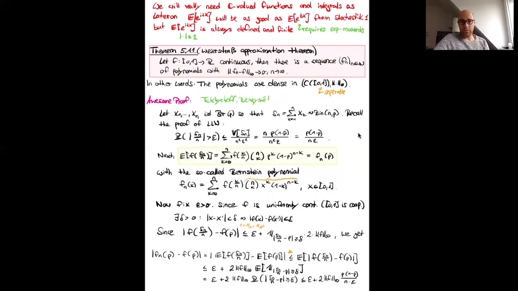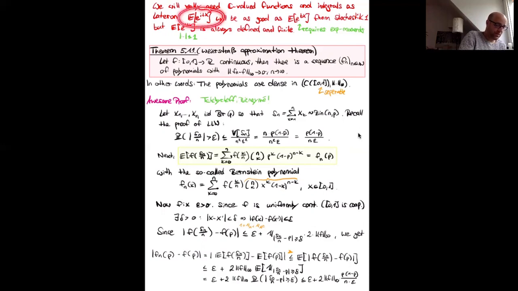So we need two theorems, the so-called Weierstrass approximation theorem and a generalization called the Stone-Weierstrass approximation theorem, which both say essentially that polynomials are dense in continuous functions. For Weierstrass, this is the statement, and for Stone-Weierstrass, there's a generalization for which this is the most important example, but there are going to be other important examples. Okay, so that's our target.